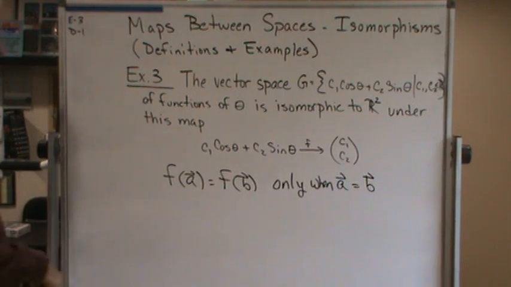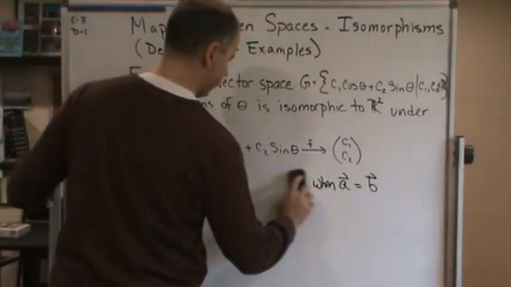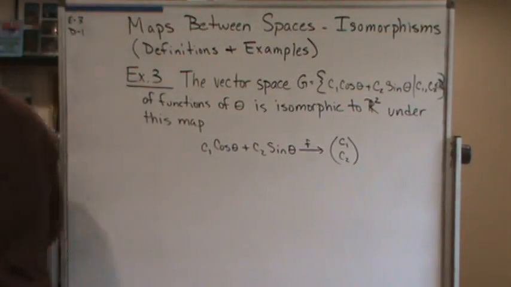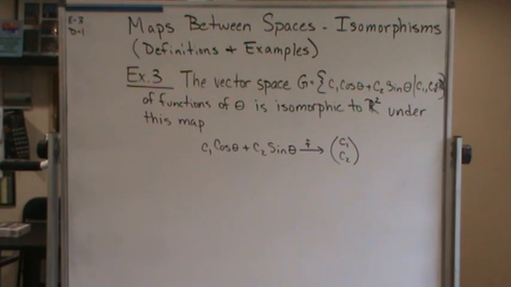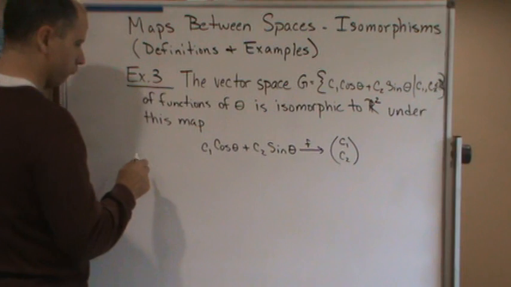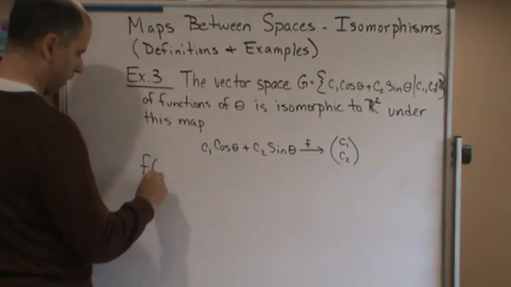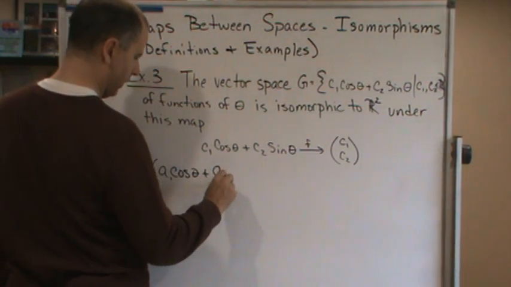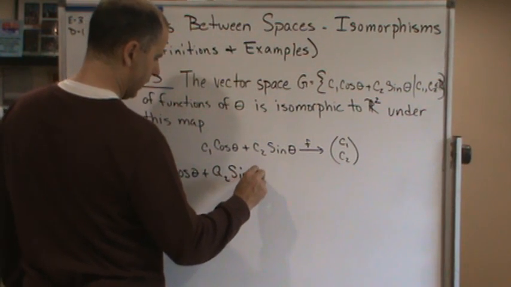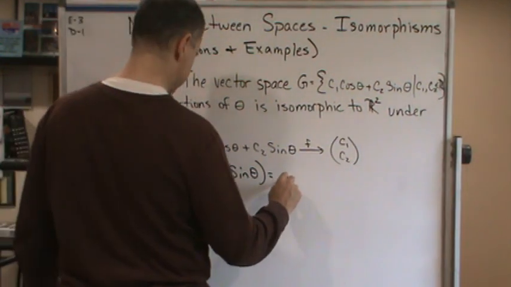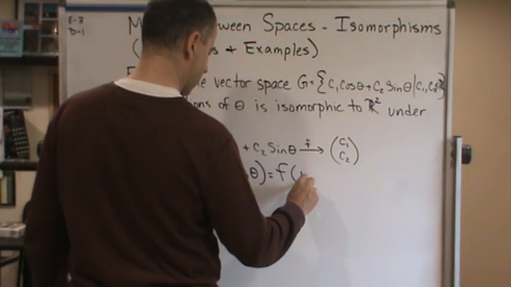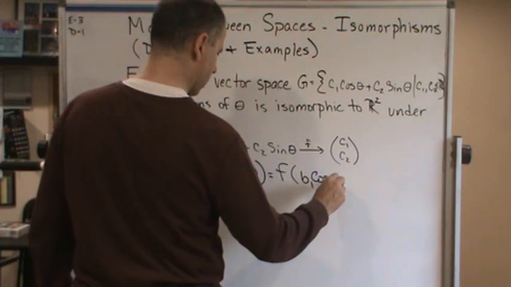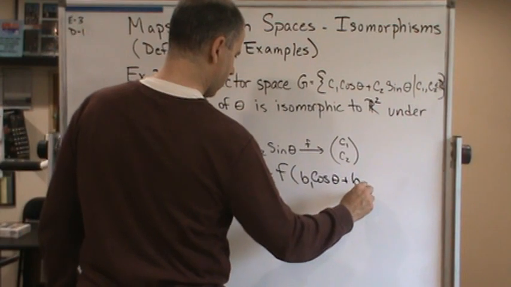So let's do it. Let's start with F of A1 cosine theta plus A2 sine theta equals F of B1 cosine theta plus B2 sine theta.